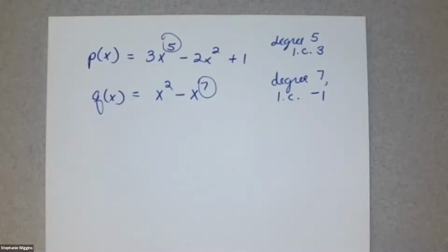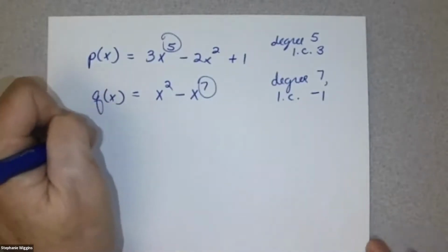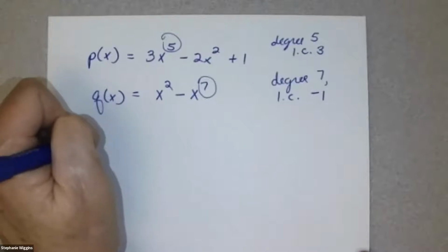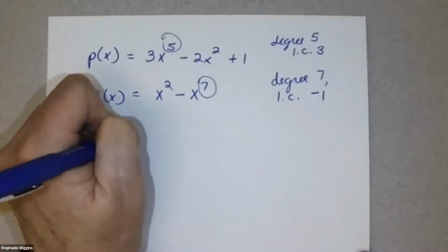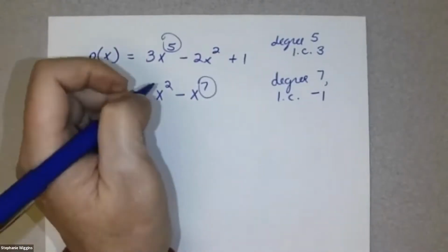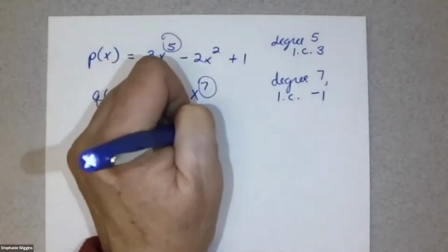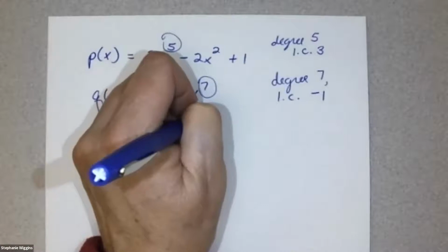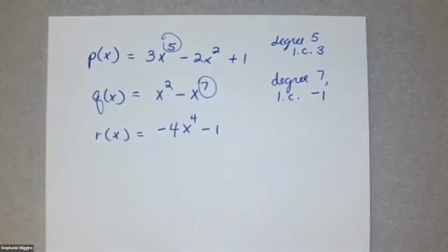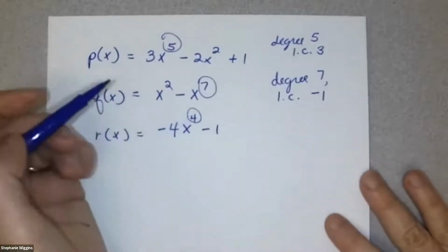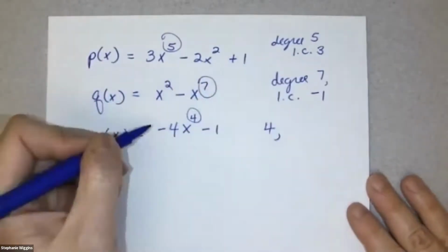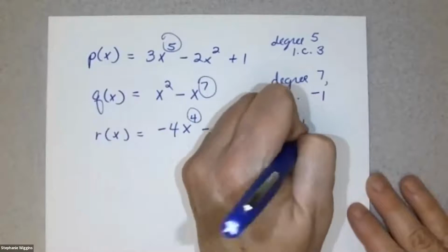Let's suppose you have something like this. Now with the degree, here we have degree 4 and leading coefficient -4.